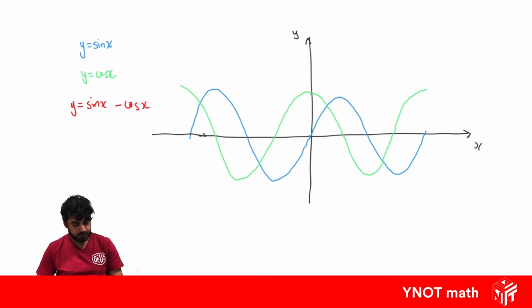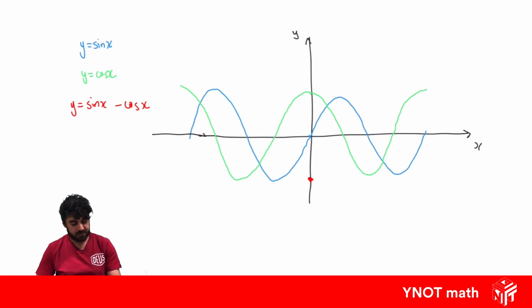What's going to happen is that we can say we have 0 for sine x minus 1 for cos x. So we're going to end up at -1 for the subtraction. If we look at this point here, we've got -1 for sine x and 0 for cos x.